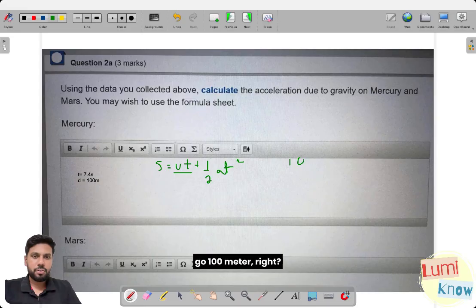So now let us do it for Mercury. For Mercury, I will go 100 meter, half, then g of Mercury, which I'm trying to find, and t square, that's going to be 7.4 square.